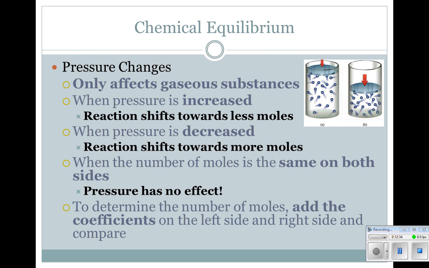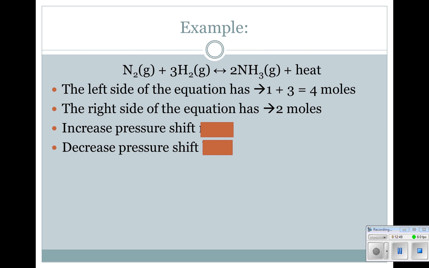So how do I determine the number of moles? Remember that the coefficients, those whole numbers in front of a substance, represent the mole ratios. So we're going to look at the coefficients on the left side, or the reactant side, and on the right side, the product side, and we're going to compare them. So here's our example. We have the same equation that we used for temperature. On the left side, you see that there's nothing in front of N2, which we know means 1 mole. 3 moles of hydrogen.